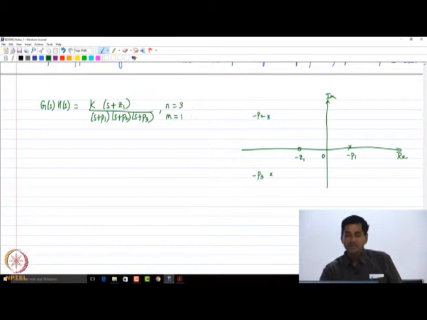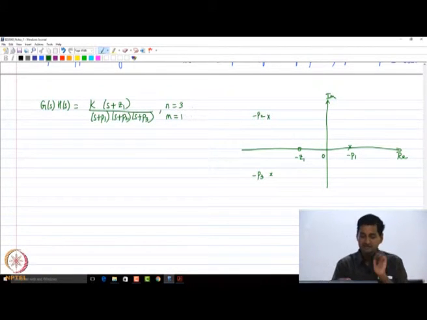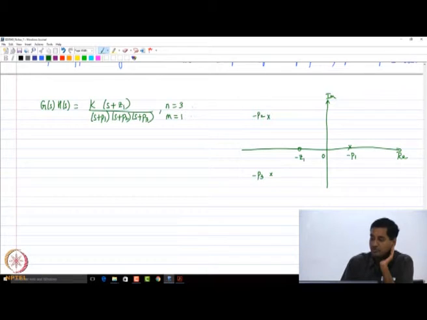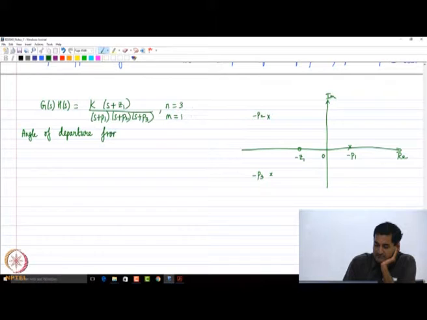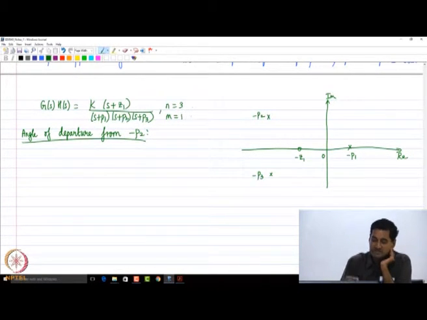Now, I need to figure out the angle of departure from this open loop pole -p2.